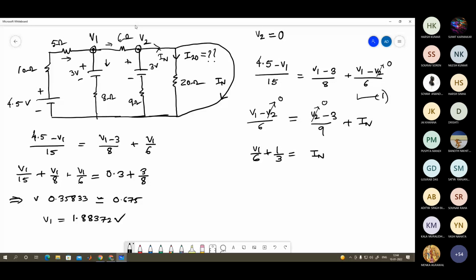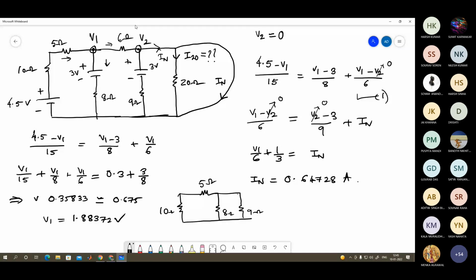All these voltage sources will be shorted, so it is 10, 5, then 8 ohm, this is 9 ohm, this is your terminal, right?